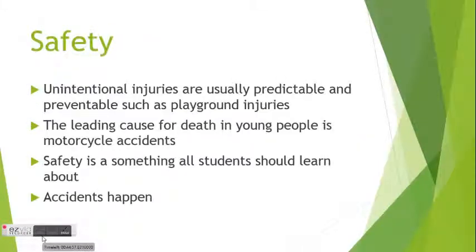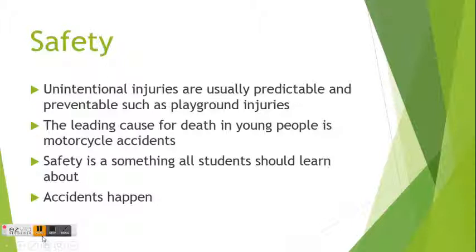Safety is a pretty big issue affecting schools and children today, and the unintentional safety risk is maybe a little higher. Unfortunately, the leading cause of death in young people is motorcycle accidents, but there are also automobile accidents that could lead to fatalities because children aren't properly restrained or they are sitting in the front seat when they are too young.